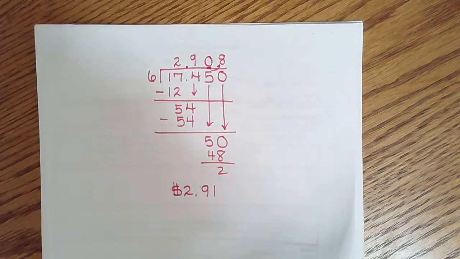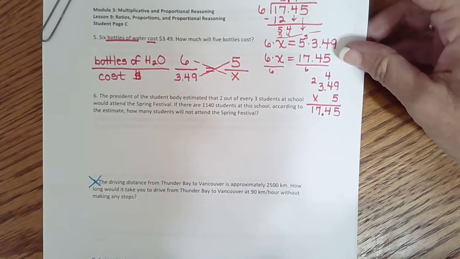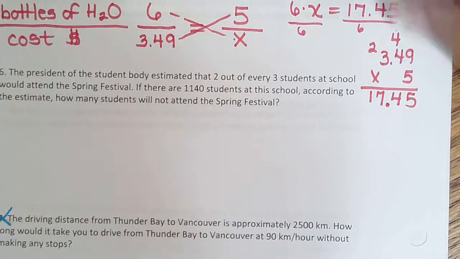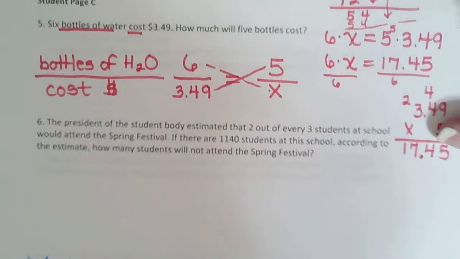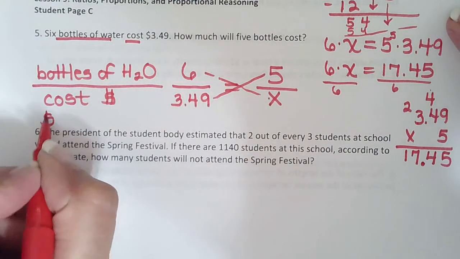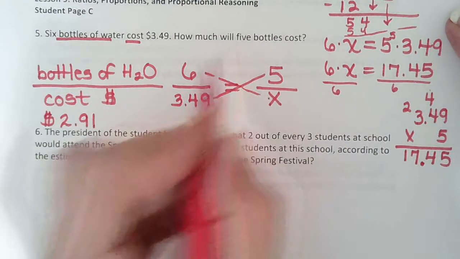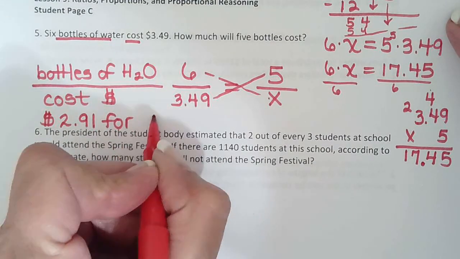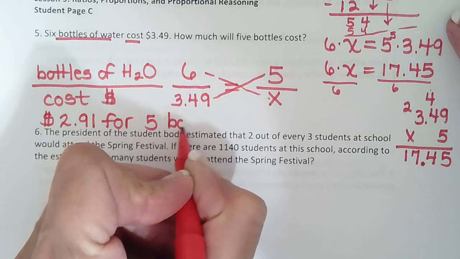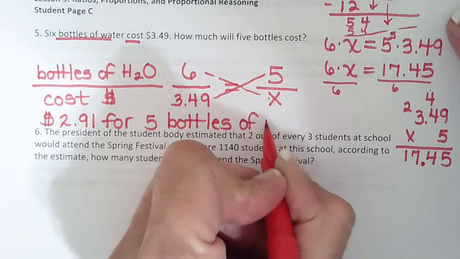So let's go back over here, and we will write $2.91 for 5 bottles of water.